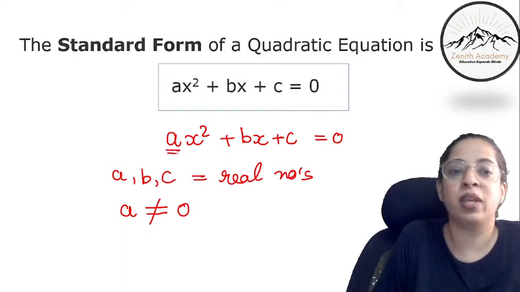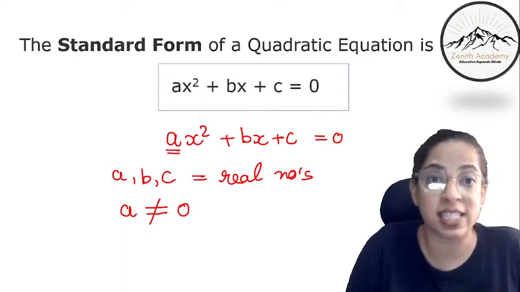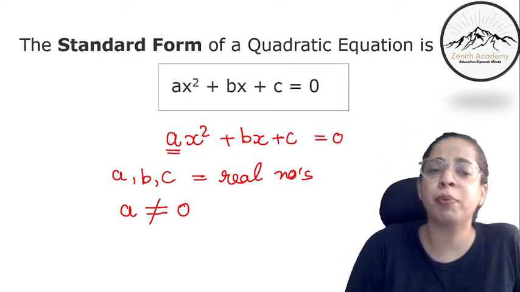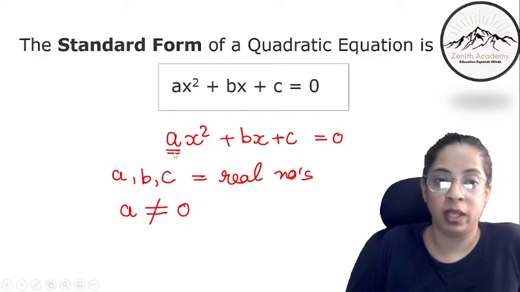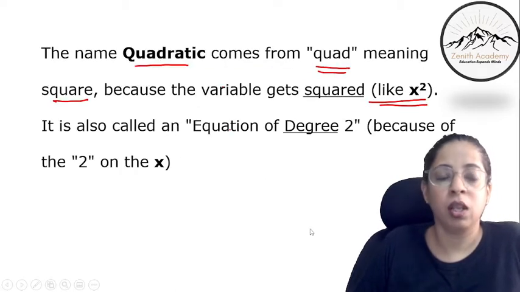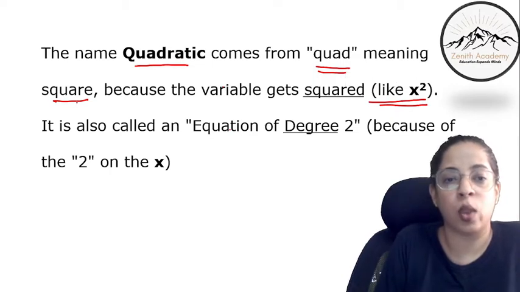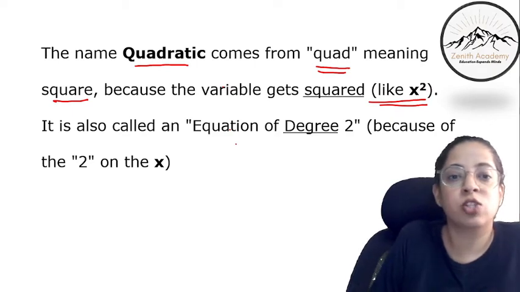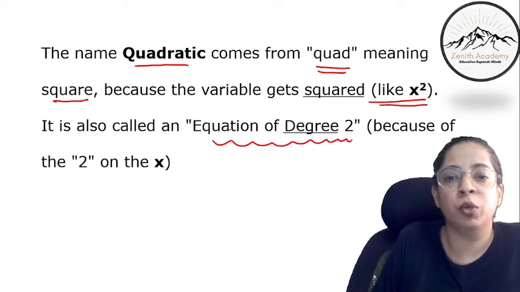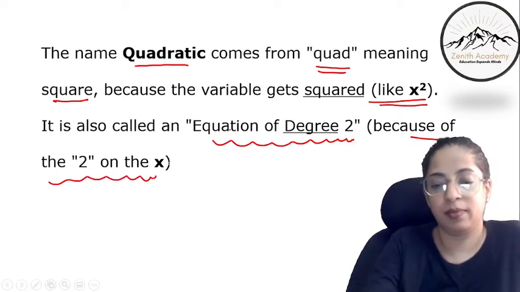This a can be a positive number, a negative number, even it can be in decimal or square root, anything can be there, just it should not be 0. Have you understood? So the name quadratic comes from quad, meaning square, because the variable gets squared, x2. It is also called equation of degree 2 because of the 2 on the variable x.